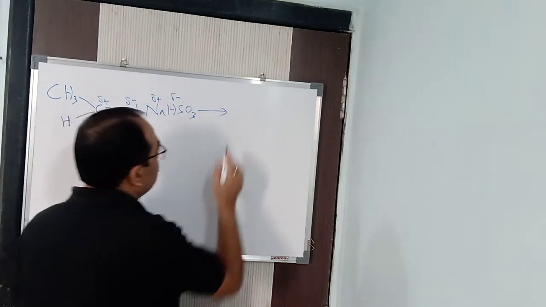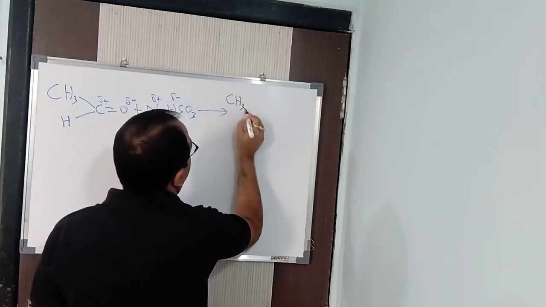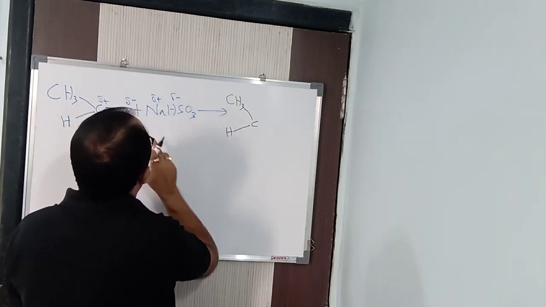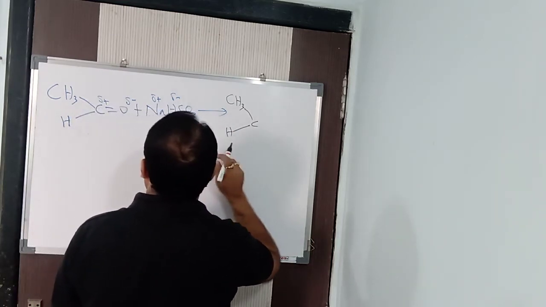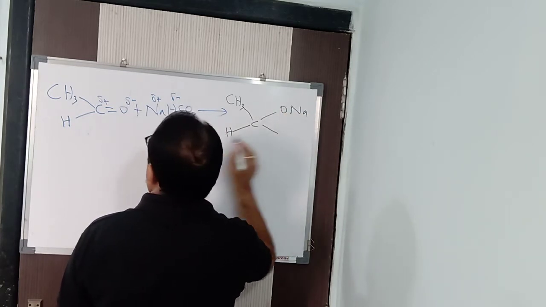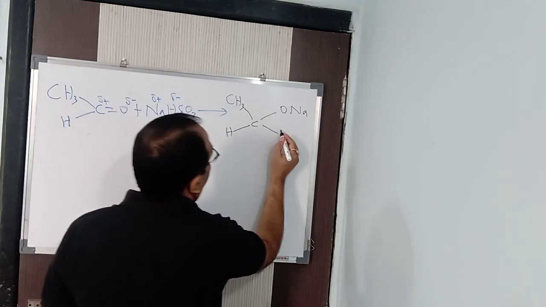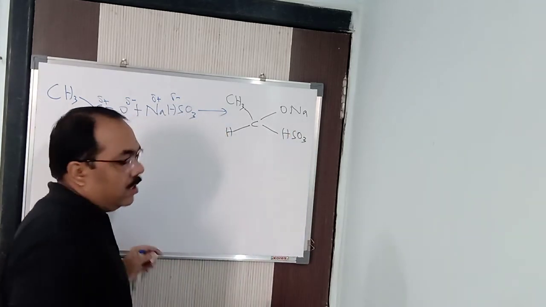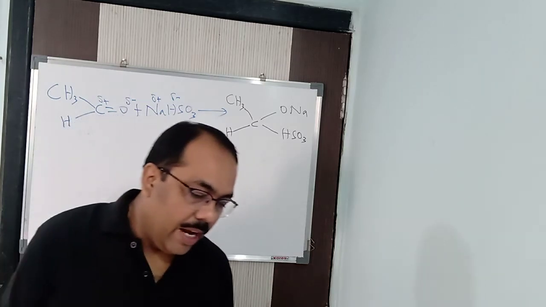So what will happen here? CH3CH, here O is going to react with Na, and the carbon is going to react with HSO3. That is ONa and HSO3.